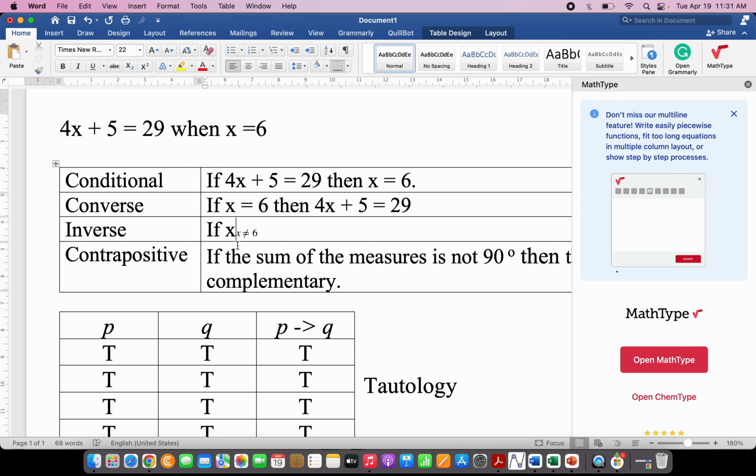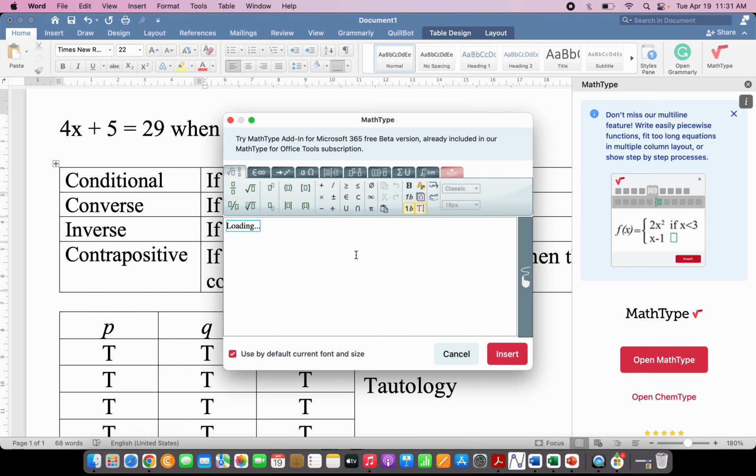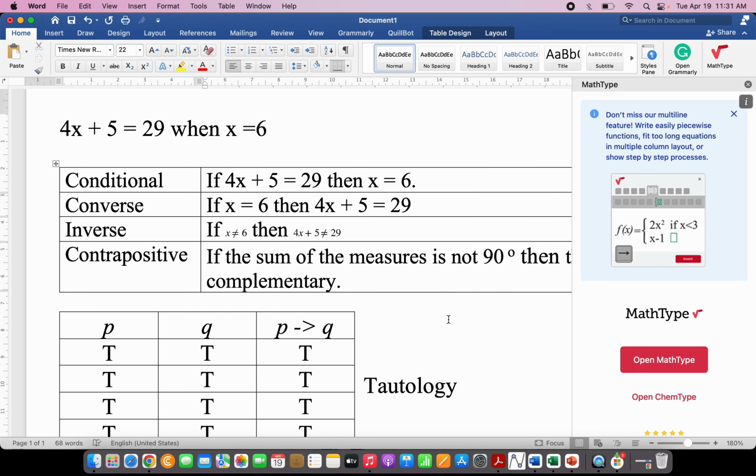Maliit lang siya ha. Then, 4x plus 5 is not equal to 29. Yan, ganyan.